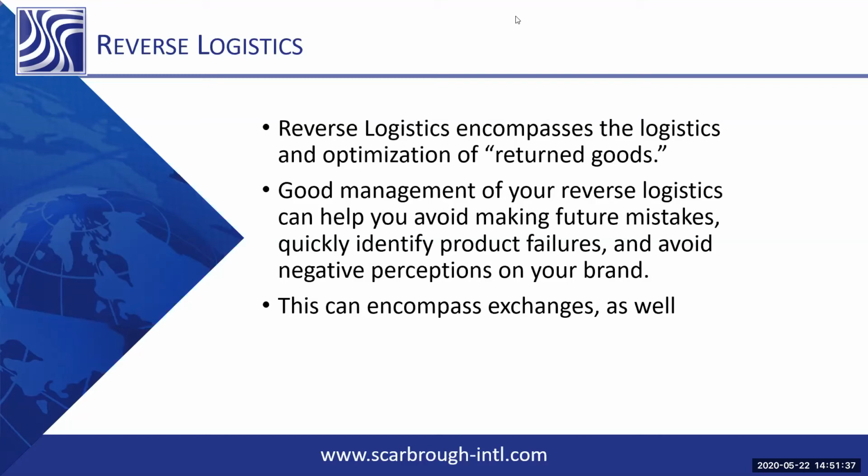Simply put, good management of reverse logistics allows you to avoid future mistakes, whether that's issues with revisions or known failure points, or being able to realize and mitigate negative perceptions of your brand based on those returns. And then additionally, how does this encompass exchanges?